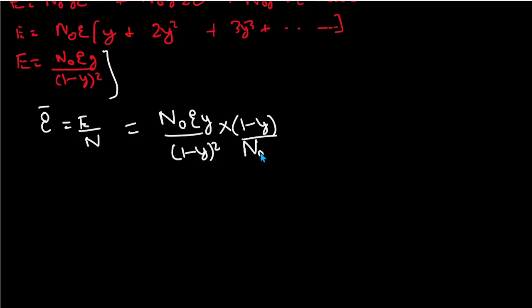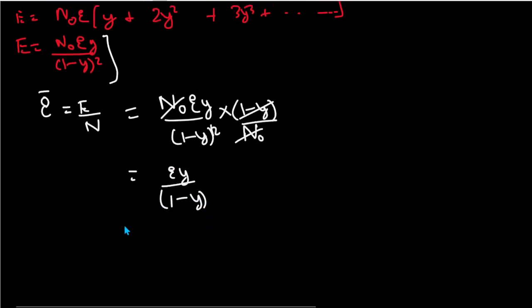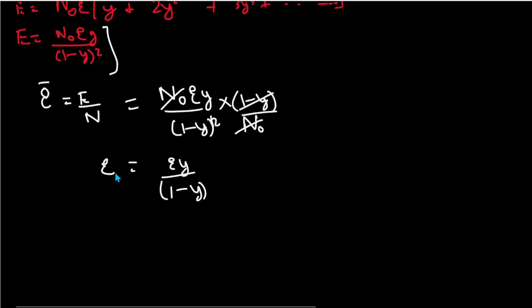Now you can cut out n naught and n naught. Then how can you write this equation? It is epsilon y divided by 1 minus y. This is equal to the average energy of each Planck oscillator.